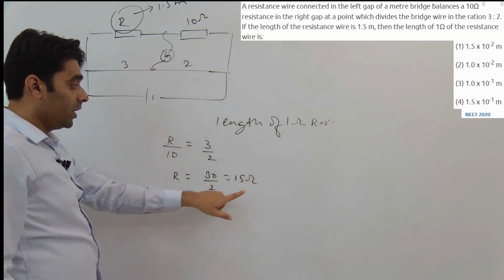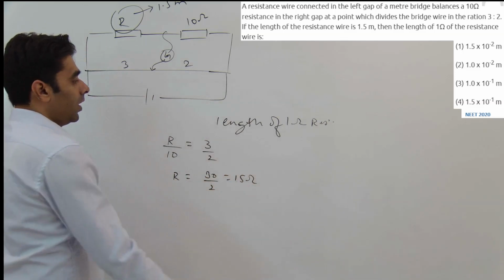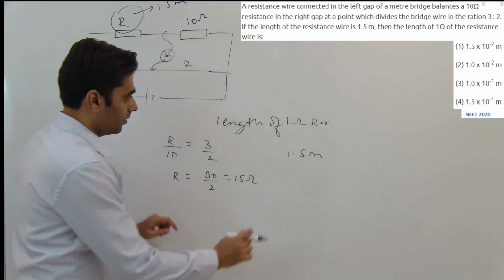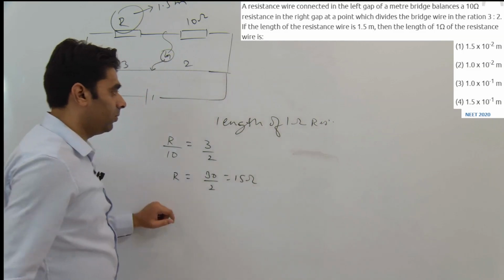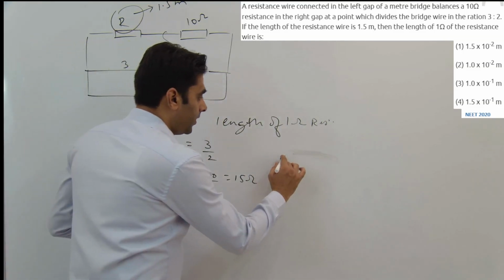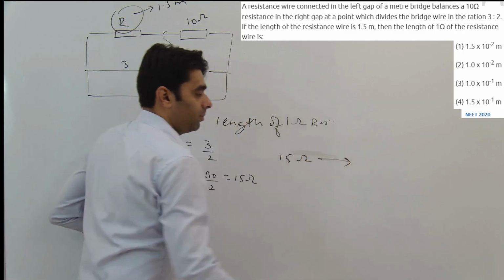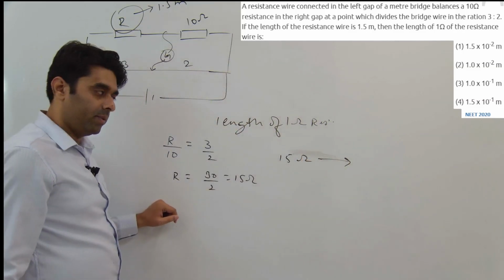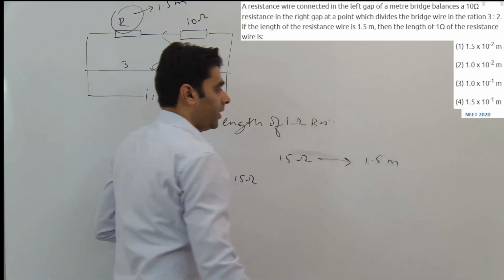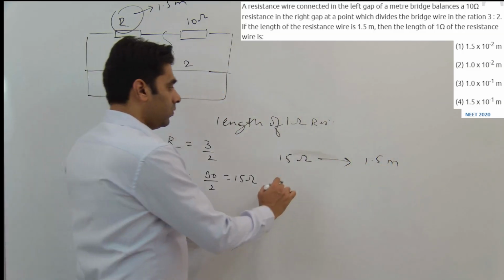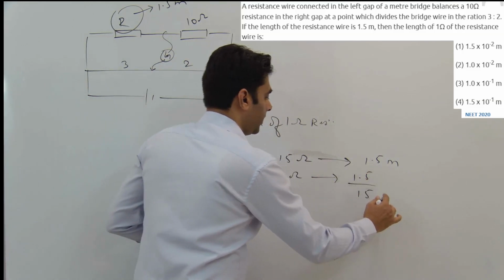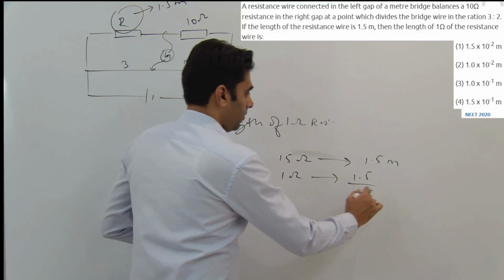So 15 ohm is the resistance of 1.5 meter length. Basically we are using the unitary method. 15 ohm resistance is for 1.5 meter length, so 1 ohm resistance will be for 1.5 by 15 meter.